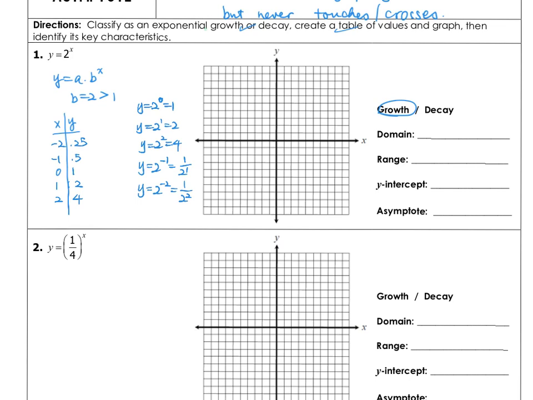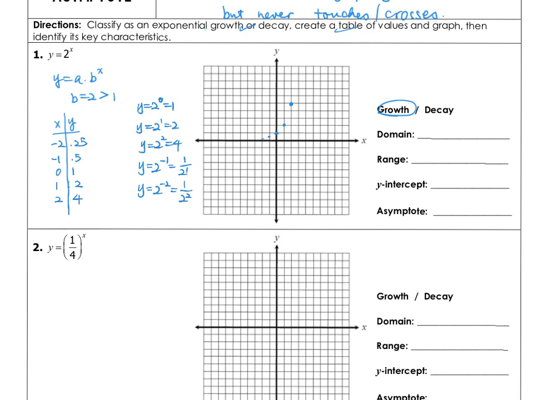Now I've got enough values, so I can start plotting. I still like to go from 0, 1, then 1, 2, then 2, 4 is here, then -1, 1/2 is here, and then -2, 1/4.